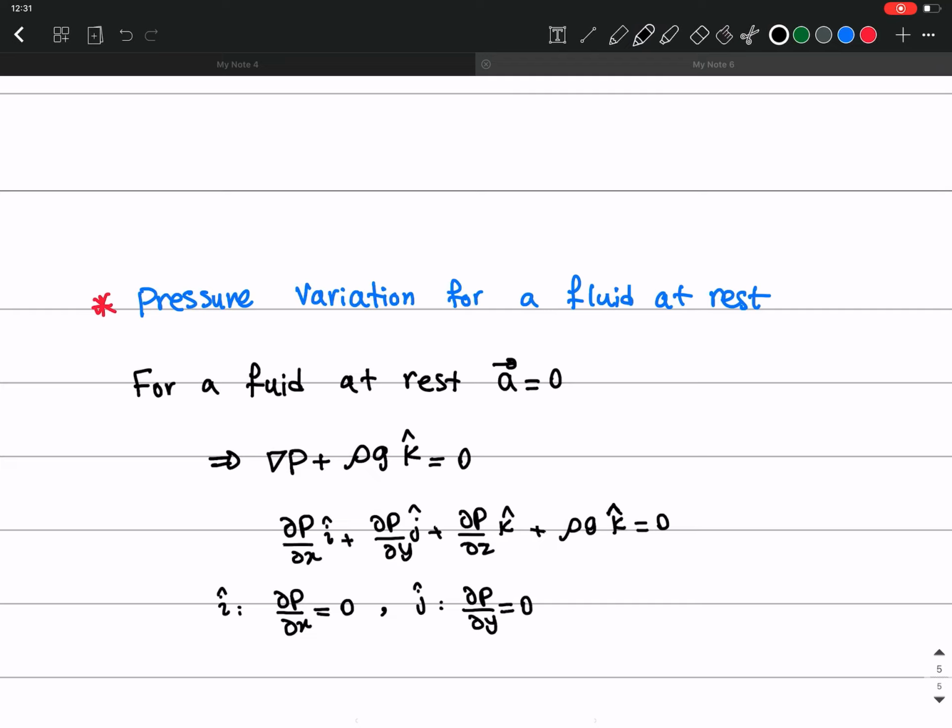That means the pressure is not going to vary in the X and Y direction, but in the k direction, or the Z direction, the vertical direction, partial P partial Z should be minus rho g. And this is a very important formula and the basis of hydrostatics.